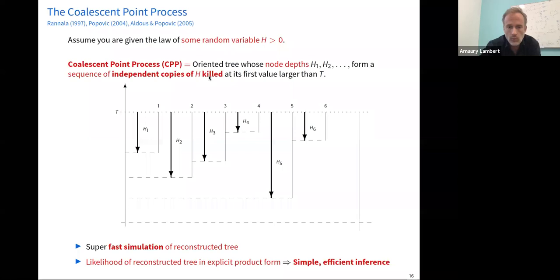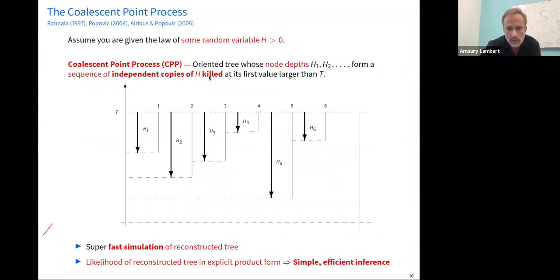Okay, so the way you build this tree, once you have this sequence H1, H2, etc., a sequence with a geometric number of such independent node depths, you see that you can construct the tree by drawing each of these edges, starting from the capital T level, and then going down to the length of the edge, and then drawing a horizontal line from right to left until you encounter a bold line, right?